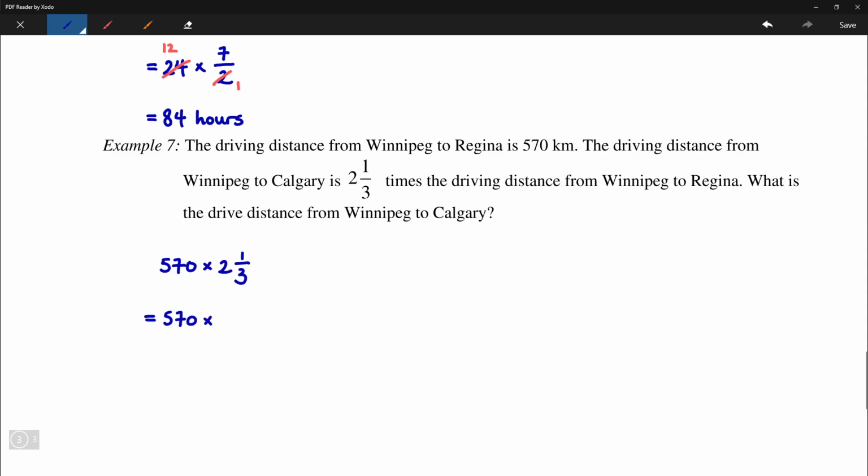So that will be 7 over 3. Notice that 570 is divisible by 3, which gives us 190. And so finally, the product of 190 times 7 is going to be 1,330 kilometers.